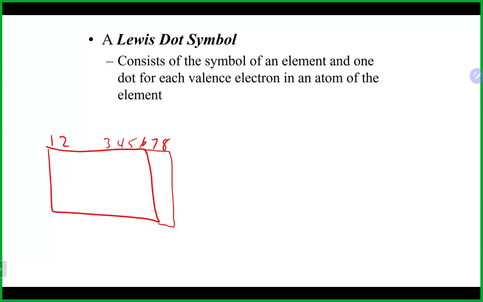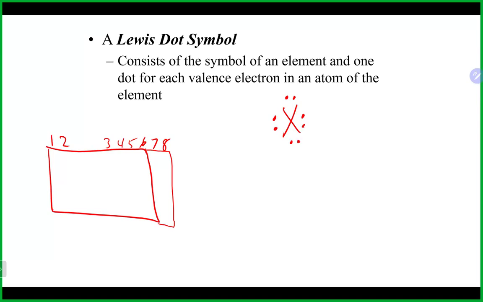Our Lewis dot symbols are simply the element symbol, and we use one dot to represent each valence electron. There's really no set rule. A lot of times people put one dot per side and then go back and pair them up if necessary.